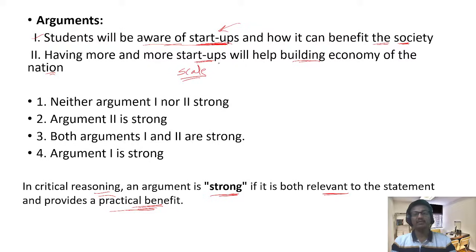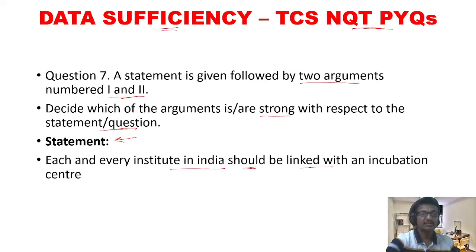When you increase the number of startups, definitely more employment will be created, then more economy will be generated, which adds to the increase in the nation's GDP. So both arguments are strong enough when you provide every institute in India with an incubation center.